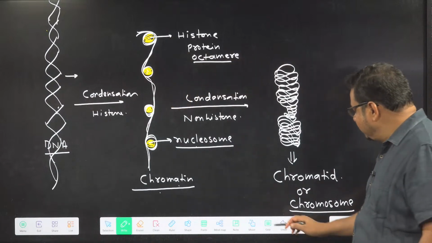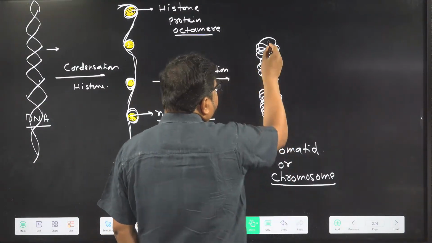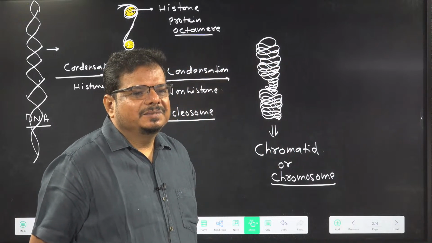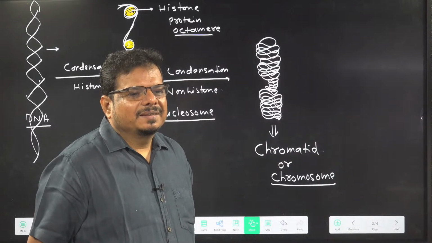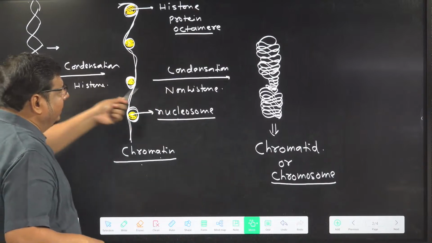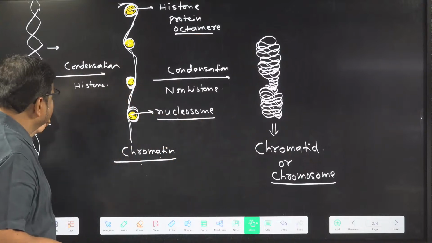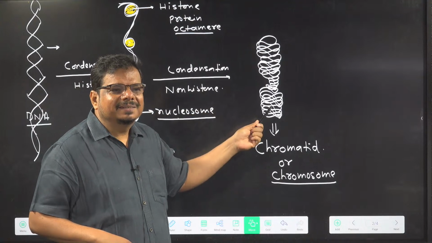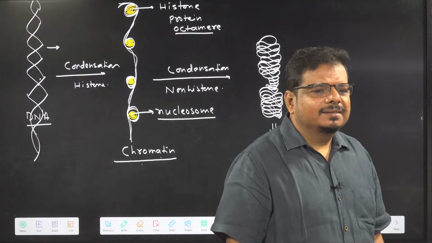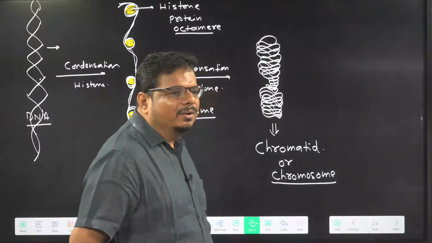Now I am asking, in this chromatid or chromosome, how many DNA is there? One DNA is there. DNA was this one only, na? This is the only DNA, becoming like this after folding. Same DNA. So in this chromatid and chromosome, how many DNA is there? One DNA is there. Clear? Picture came in the mind or not?